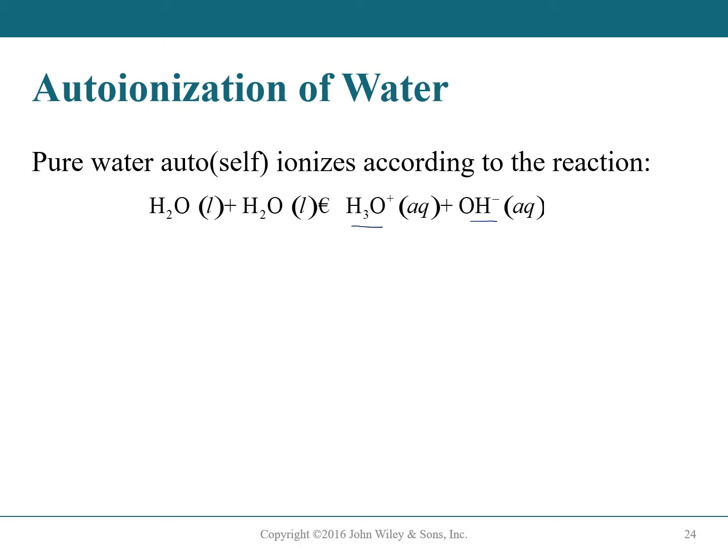But what we call self-ionization is when this water acts like a base and accepts a proton and becomes a hydronium ion. And this water acts like an acid and it donates the proton and becomes hydroxide ion. And this process is called auto-ionization.